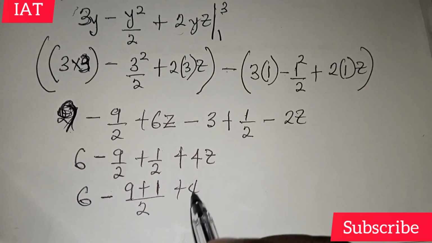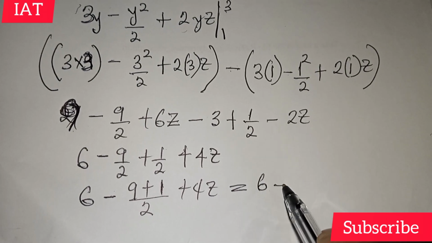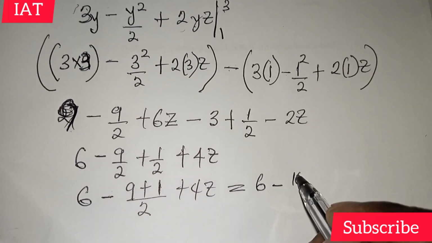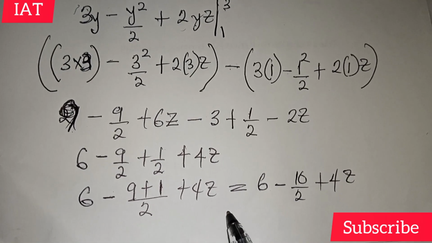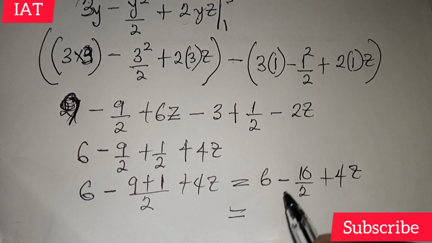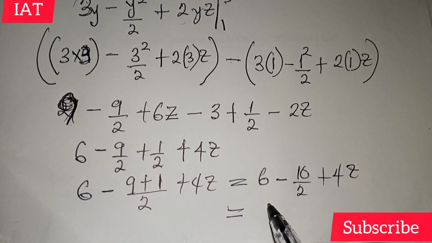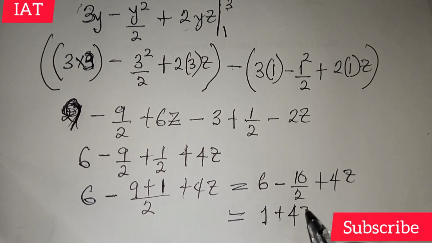So plus 4z. This will eventually give us 6 minus, and here we have 10 over 2 plus 4z, and 10 divided by 2, that will be 5. So 6 minus 5 is 1 plus 4z.